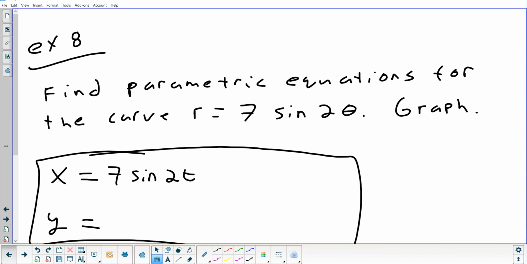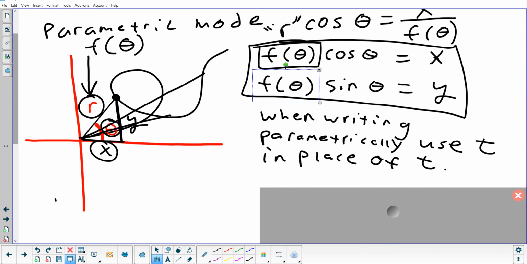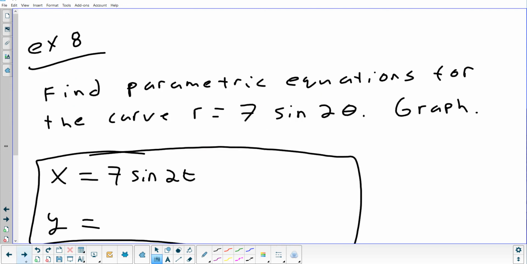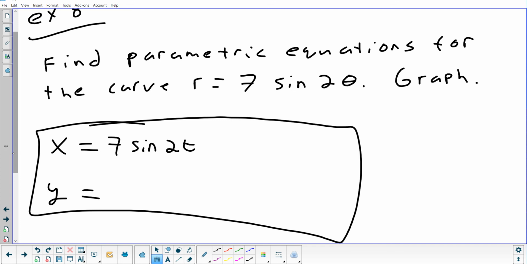But what do you always multiply the radius by to get the horizontal? Cosine. Yeah.